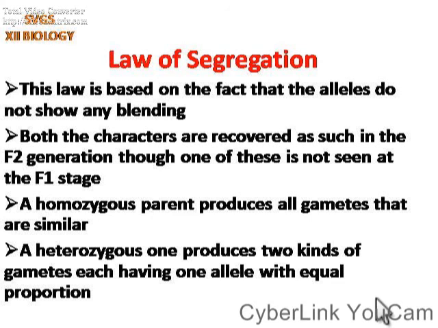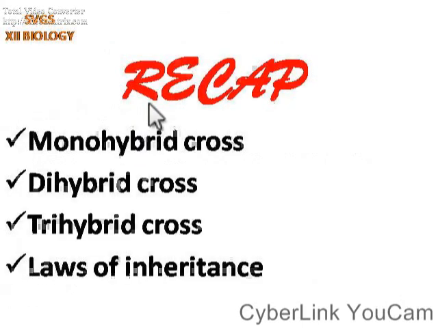Only the expression of the genes can be hybrid. At the genetic level, no hybridization takes place. Both the genes are present. So he is explaining that alleles do not show any blending. Alleles will not blend together, and the gametes will never be hybrid. That is what he is explaining in the law of segregation.